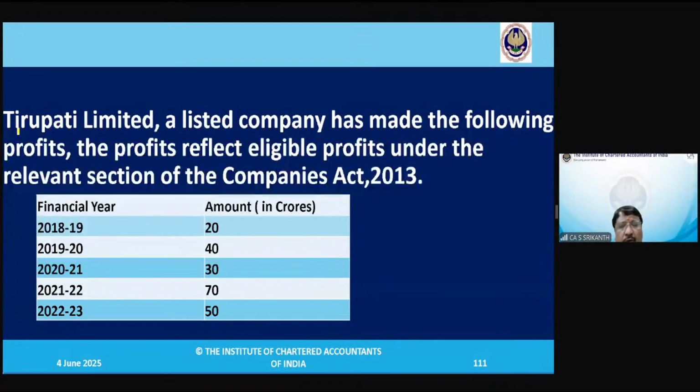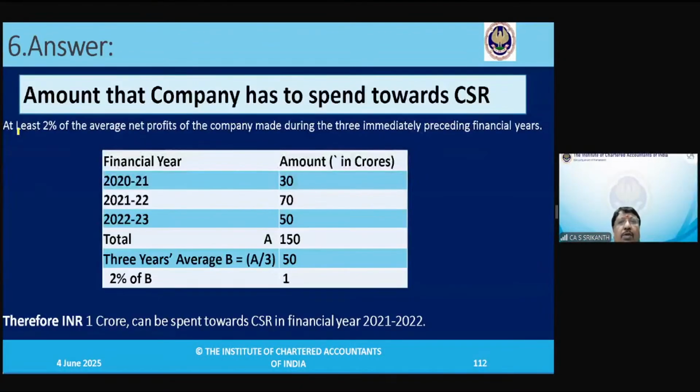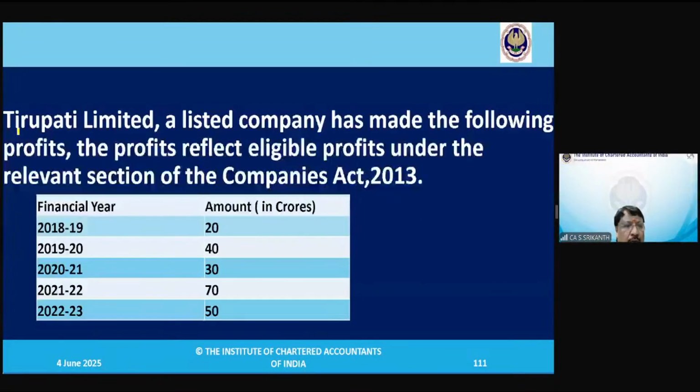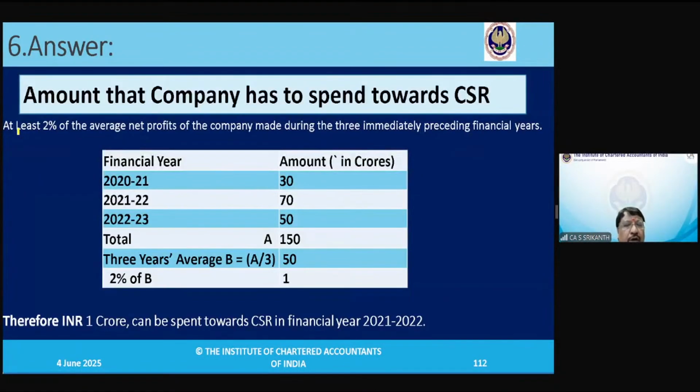So we have to calculate what is the amount the company has to spend towards CSR. So financial year 23 is given. So we are now supposed to calculate for 23, 24. Okay. I'm so sorry, this is wrong. This should be 23, 24.